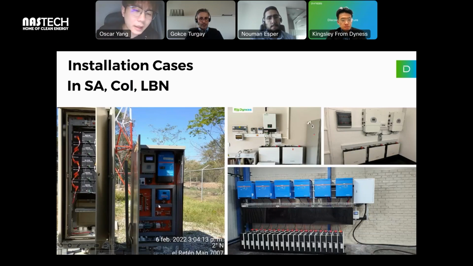Inside it we have the smart meter, and also we have the combiner box. So it is a 25 kWh system, and they need to self-make a cabinet because they want to put it outside of the door. So we offer them a recommended size and dimension.